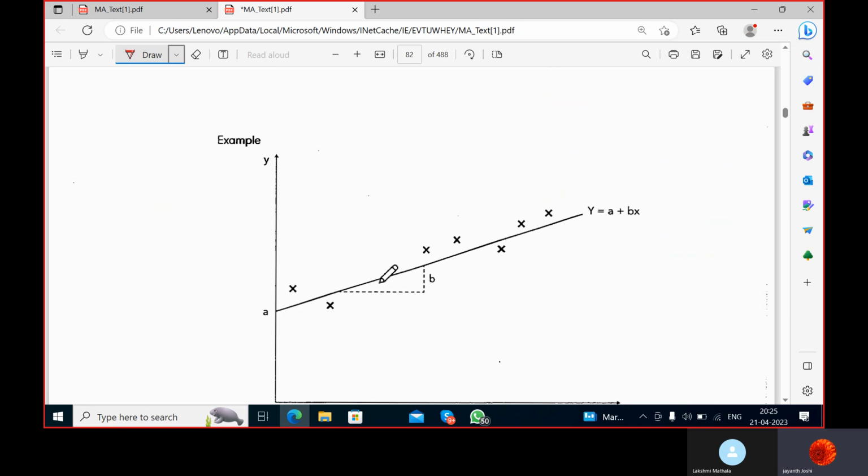So this is a particular line, whereby this is the y-intercept, where the line touches the y-axis. This is the slope, which is always constant, and I told you the slope coefficient b is nothing but the change in the y-axis with respect to the change in the x-axis, correct?